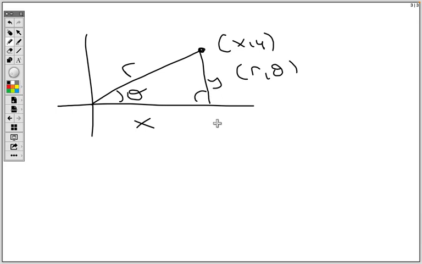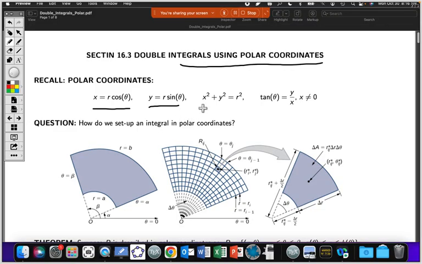That's the picture that gets you all these conversions. x is r cosine theta, y is r sine theta. x squared plus y squared is r squared. The tangent of theta is y over x as long as x isn't 0. If x is 0, and you're sitting here on the y-axis, then you can adjust your theta to be one of the pi over 2's. Okay.